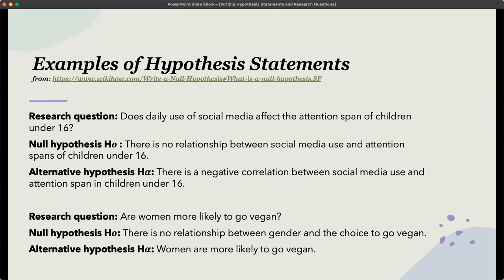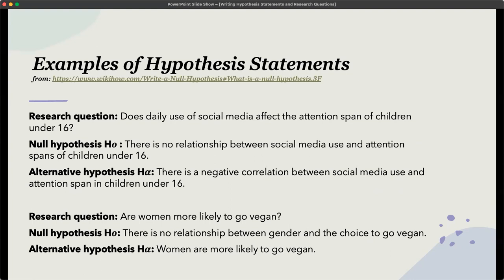For this, the null hypothesis, there is no relationship between social media and the attention span of children under 16, where the alternative hypothesis, there is a negative correlation between social media use and attention span in children under 16. So here we can see we're looking for a relationship, and this is going to be a correlation. Another one, a research question, are women more likely to go vegan?